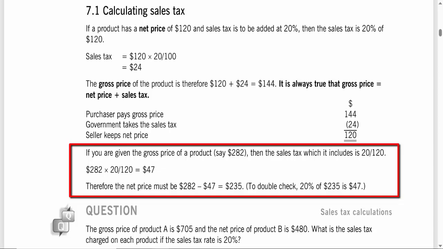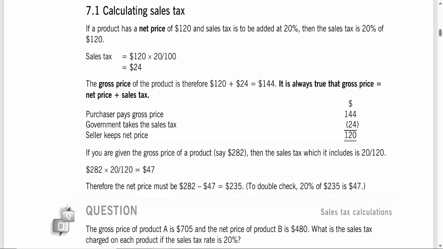Sales tax equals gross price times 20 divided by 120. For $282, this calculation gives us $47 as the sales tax. Therefore, the net price would be gross price minus sales tax, which is $282 minus $47, resulting in $235.